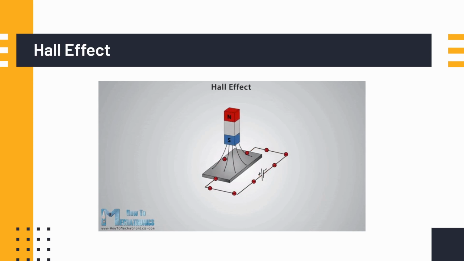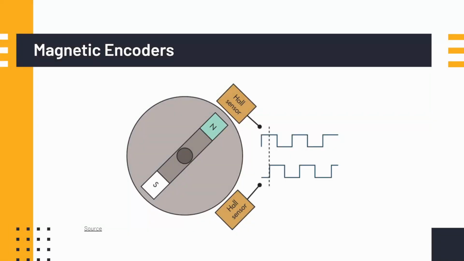That's how this effect works. And why that's useful for Hall sensors is that it allows us to determine how this magnet has rotated. So you can have two Hall sensors here. Let's say you have your North Pole here. It's going to push the electrons to one side of the Hall sensor, and it's going to read a digital high because they're going to one side. Let's say this rotates a little bit and it goes to this Hall sensor instead.